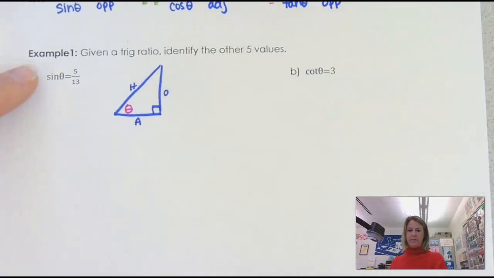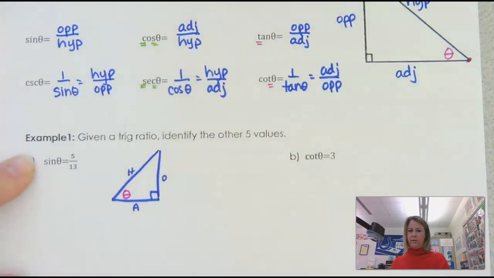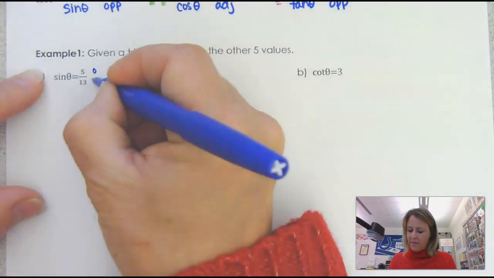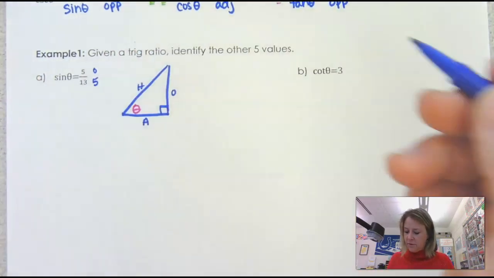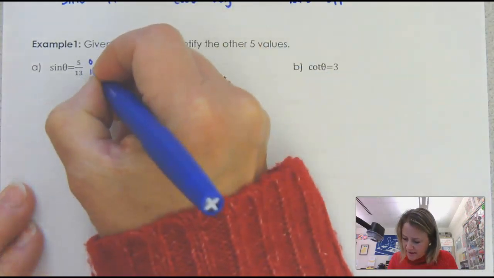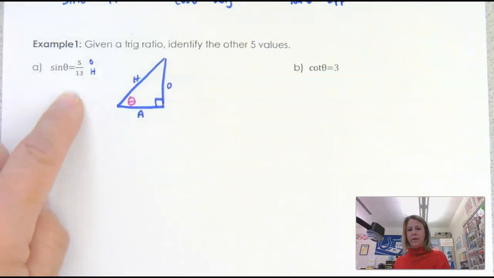So what's given to us is sine. Sine means opposite over hypotenuse. The 13 is the hypotenuse, sorry about that. So I've got the opposite over the hypotenuse.